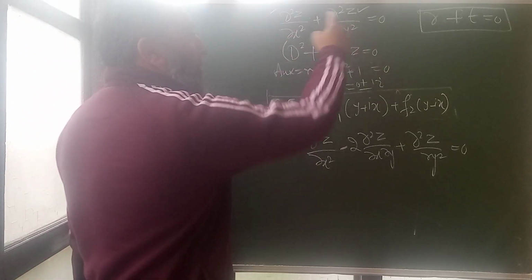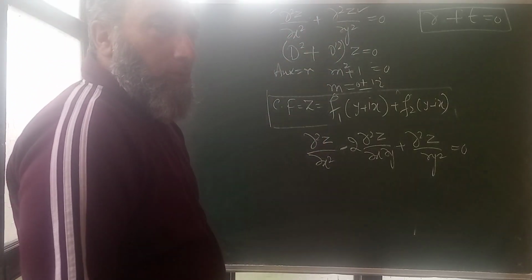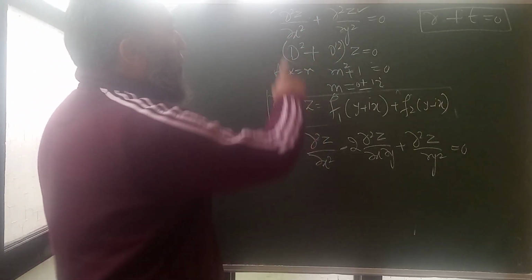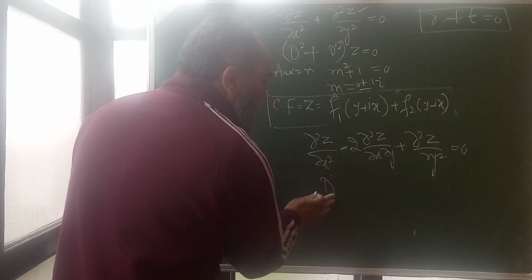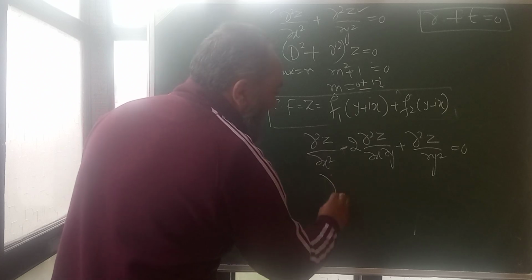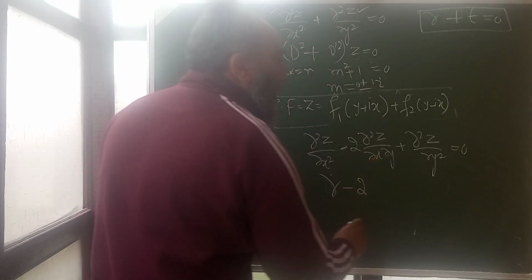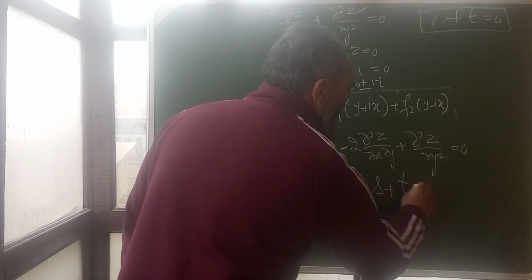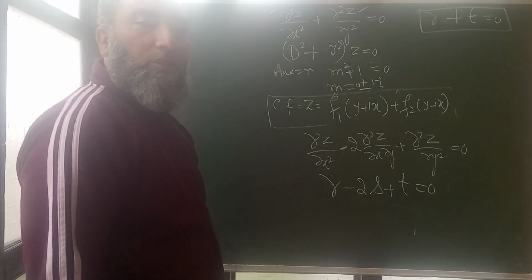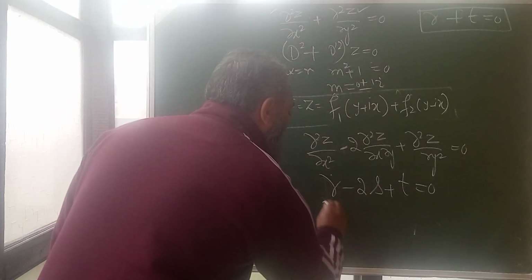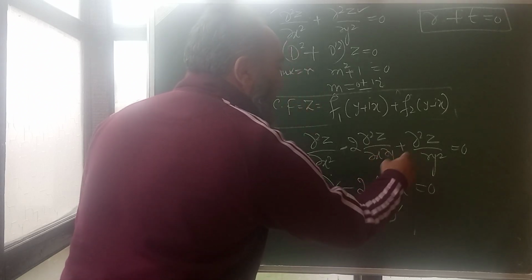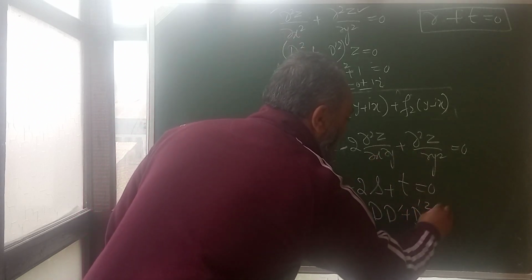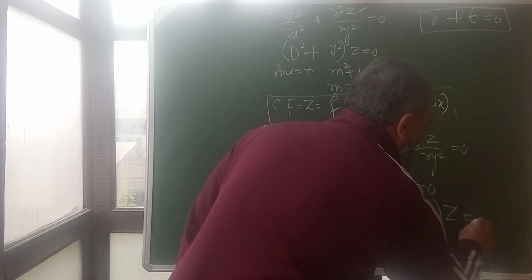Earlier every term was of degree 2, so homogeneity was there, homogeneity is there. So this is r minus 2s plus t equal to 0. You can write it in this form, or you have d square minus 2d d dash, because this is with respect to x, this is with respect to y, plus d dash square operating on z equal to 0.